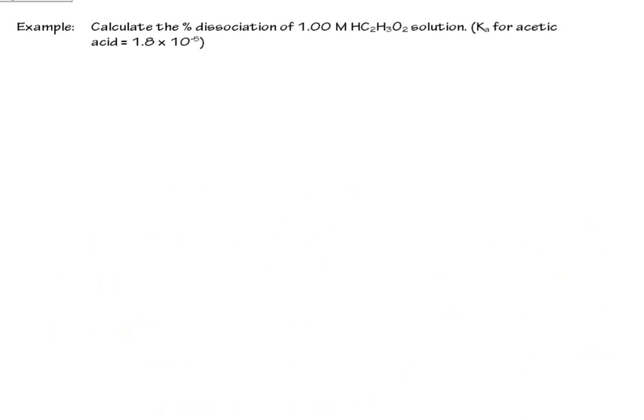Another option would be something like the second one, where now we want to calculate the percent dissociation for a 1 molar solution of acetic acid. Okay, so here's some good acid-base ICE tables. This is why it was so good to catch on to that ICE table in the last chapter. You can apply it to so many different situations. Often they'll give you an equation.